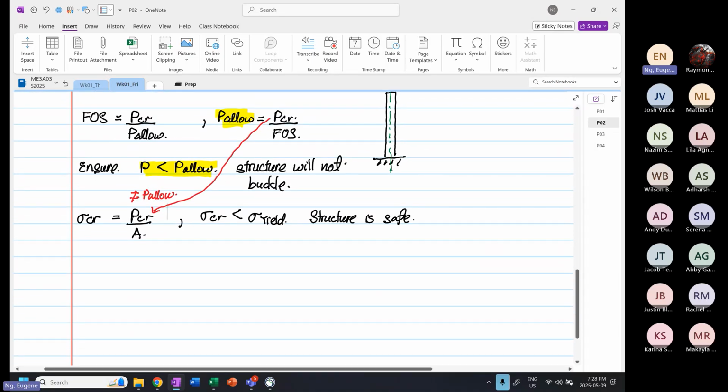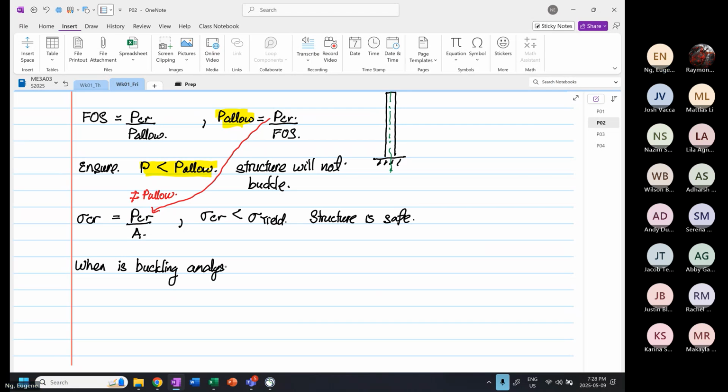Now we have to know when buckling analysis is necessary. Okay, when is buckling analysis necessary?